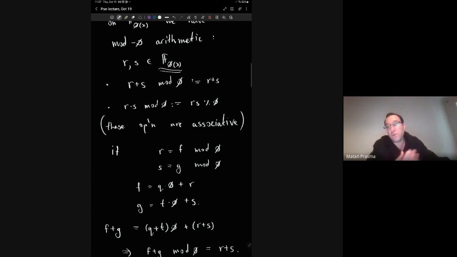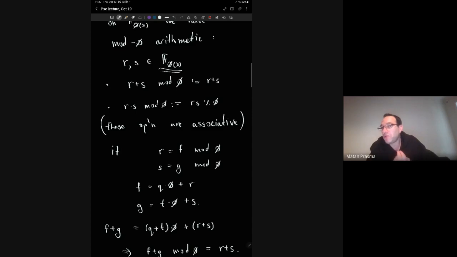One way is to look at all the integers and define equivalence classes. If I take any two integers, for addition and multiplication, I just do regular addition and multiplication, and I do long division by n and take the remainder.